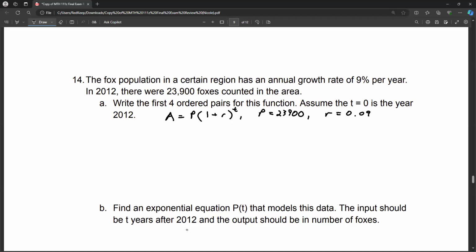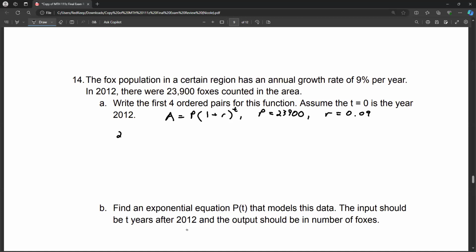But we can go ahead and state, plugging in the first few values for t, starting with t equaling 0. I'll plug in t equaling 0 into this equation.